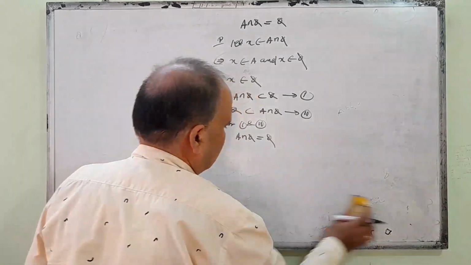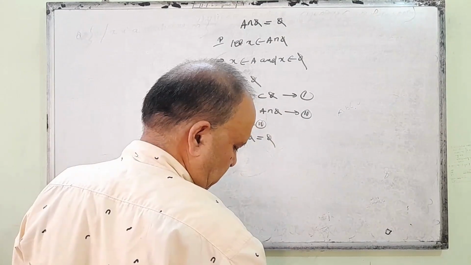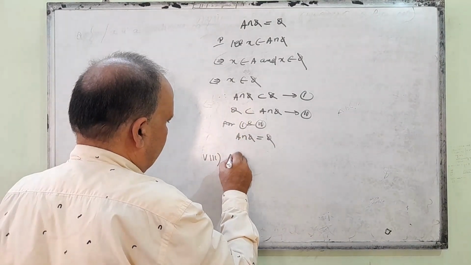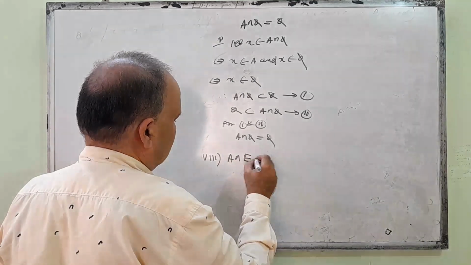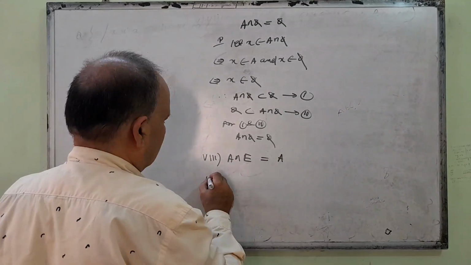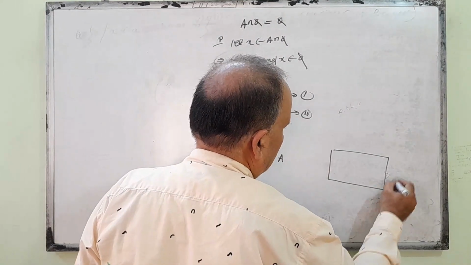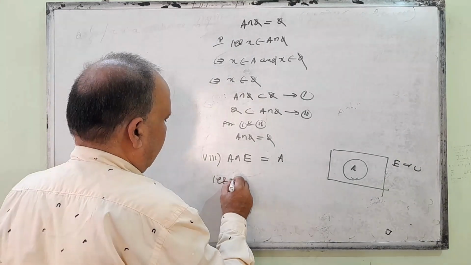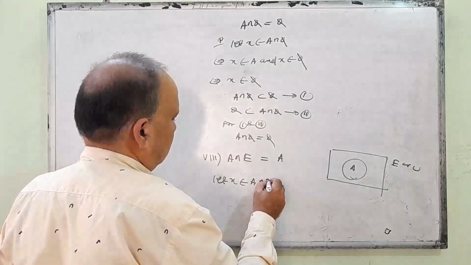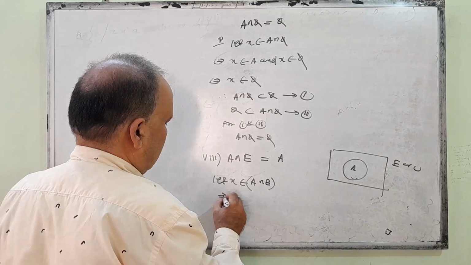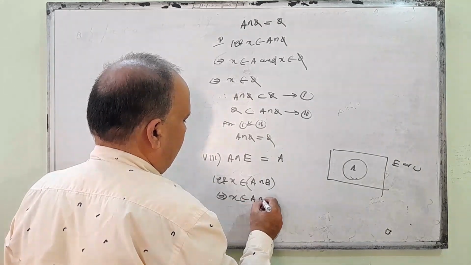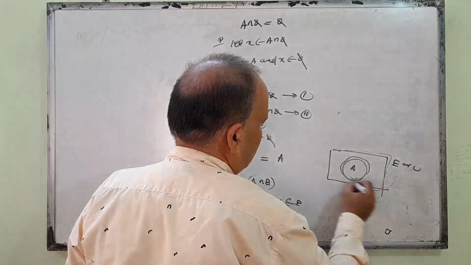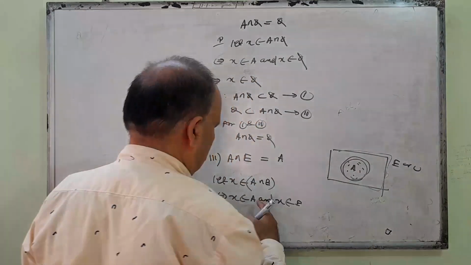Next come to another proof, that is your eighth property: A intersection E, that is the universal set, is equal to A. Suppose you see this is your E or U and this is your A. Let x belong to A intersection E. This implies and is implied by x belongs to A and x belongs to E, which means this part is common for both sets.